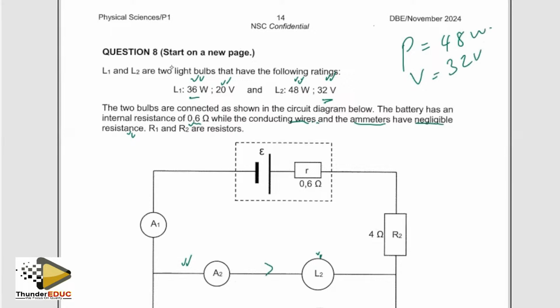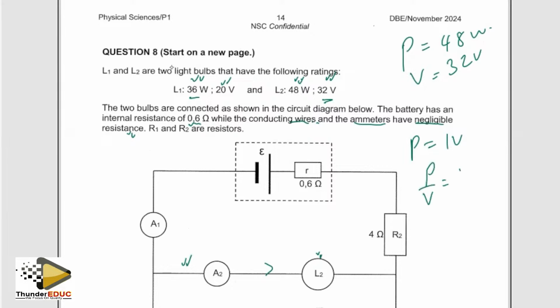The formula of power that combines current and voltage is P is equal to VI. Then for me to get the current that the question is asking for, I'll get my power divided by the voltage.